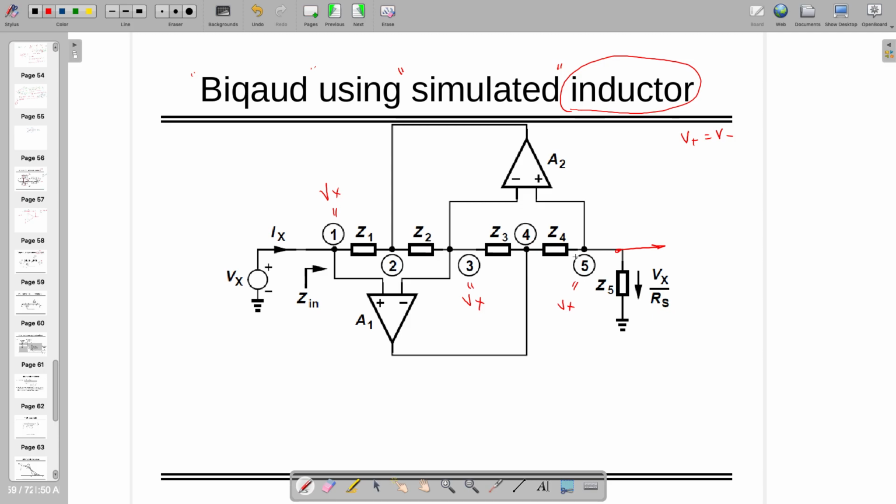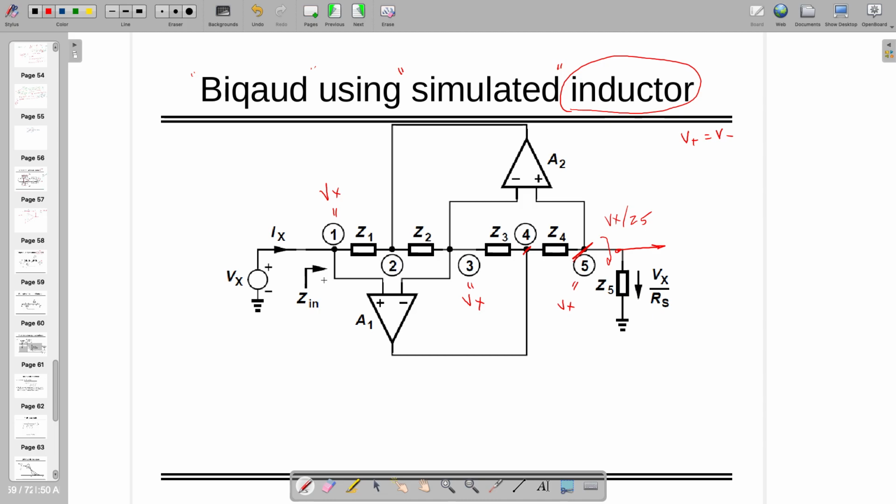You have to go to the last point. Vx divided by Z5, that's the current flowing through this one. Similarly, you can find out V4. V4 and V2 are unknown, and I want to find out Vx by Ix. If I know Ix, Vx by Ix will give me the Zin.